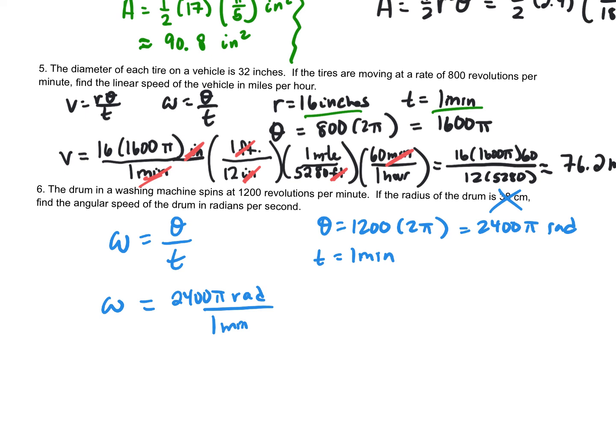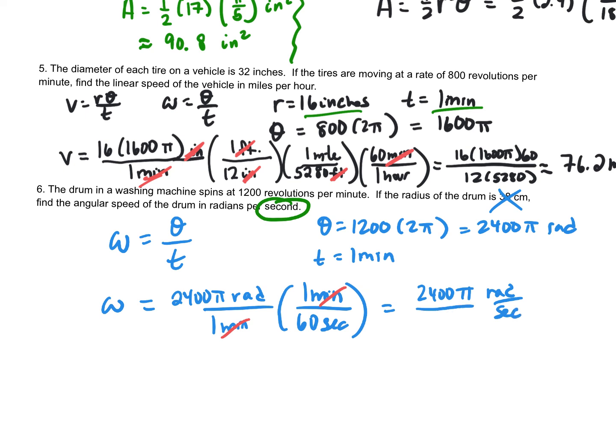Now, unfortunately, if you look at this problem, it wants our answer in radians per second. So we'll have to change minutes to seconds. So we know 1 minute is the same as 60 seconds. So those units will cancel. So I simply get 2400 pi radians per second divided by 60.